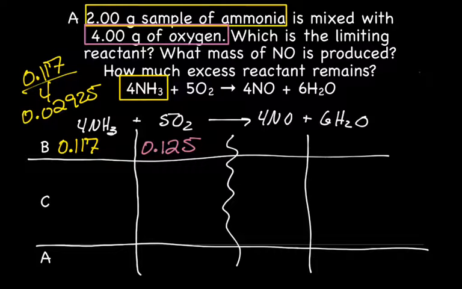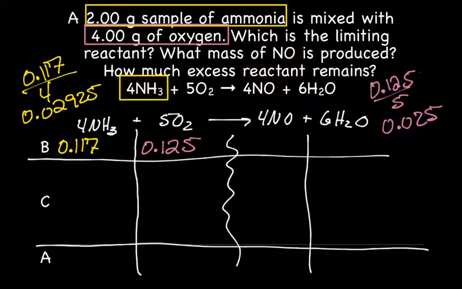And for oxygen, I'll do it over here on the other side. We have 0.125 moles, and its coefficient is 5. So we're going to divide that by 5. And I got 0.025.